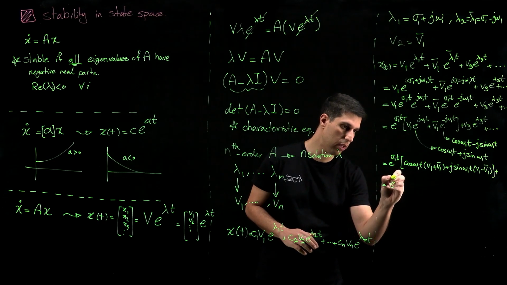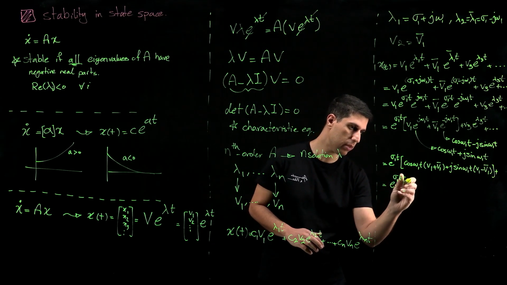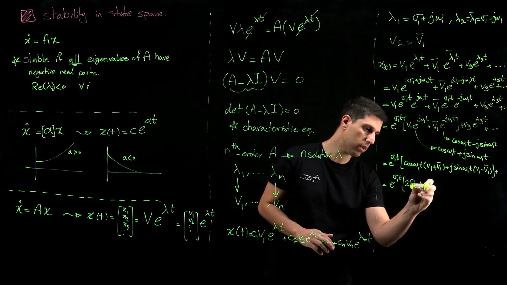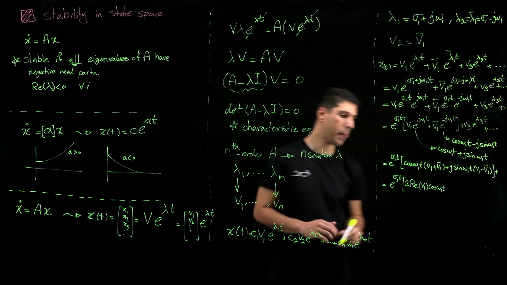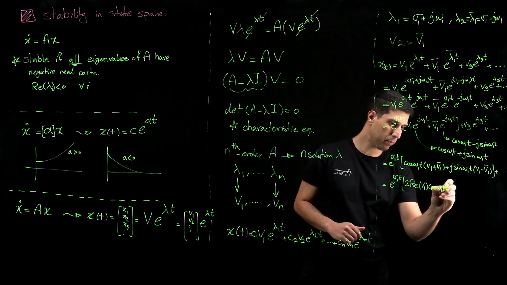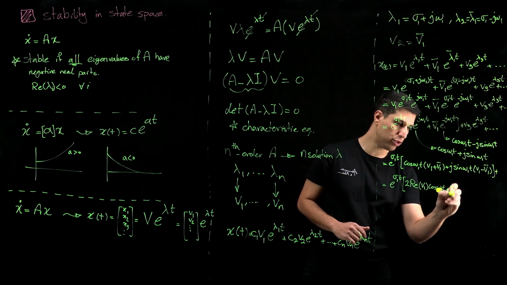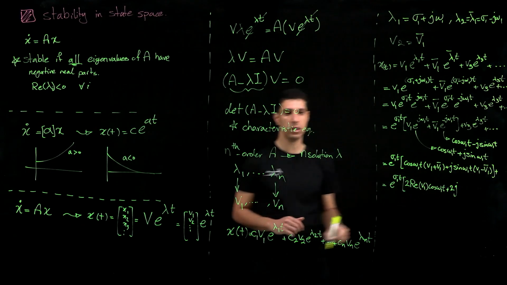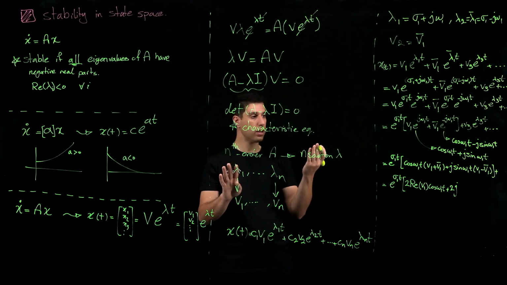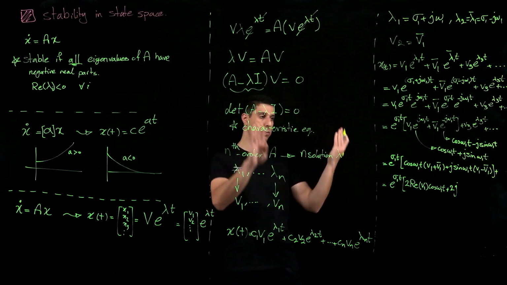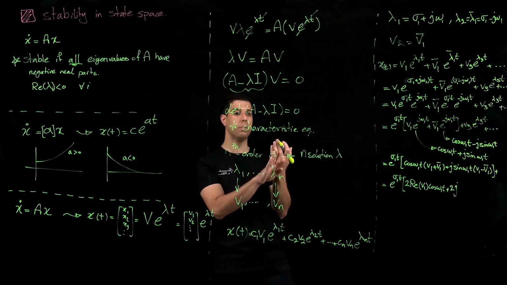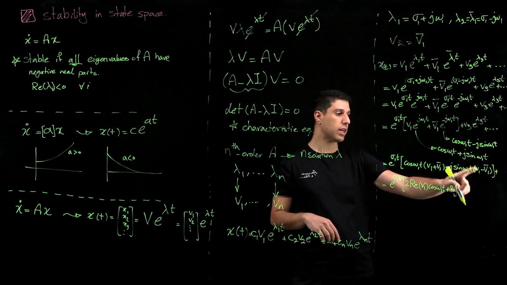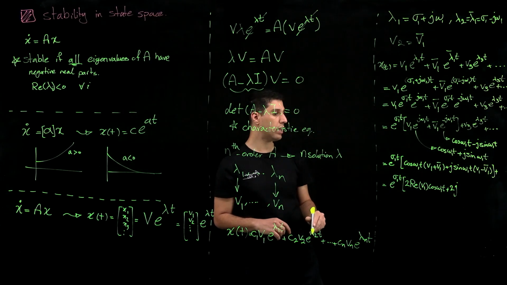So I'll have e to the sigma 1t times 2 real of v1 cosine of omega 1t, plus 2j times v1 minus v bar 1. Now the imaginary parts of the two are equal, but the real parts are opposite of each other, so the real parts cancel out and I'll have only the imaginary part.